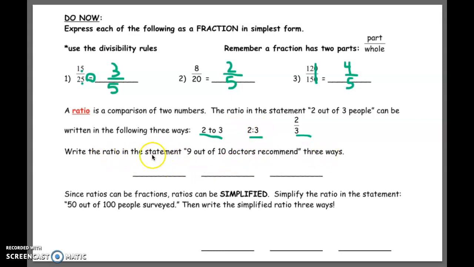So the 3 ways to write that would be 9 to 10, 9 colon 10, and 9 over 10. Same thing with this one: 50 out of 100 people, write it 3 ways. You could do 50 to 100, 50 colon 100, or 50 over 100.